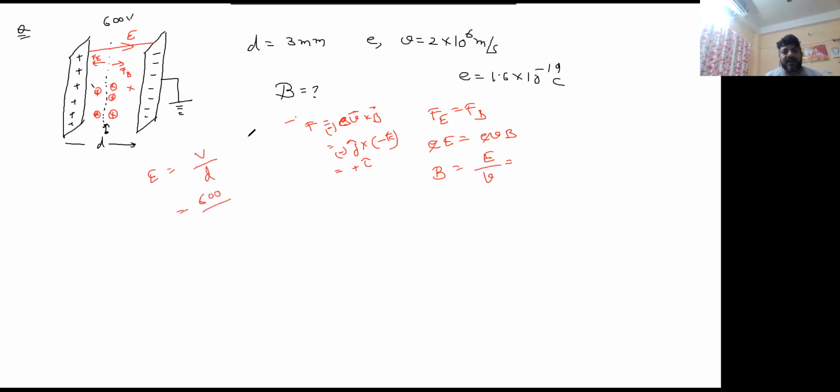Voltage is 600 and distance is 3 millimeter, 3 into 10 to the power minus 3. So 600 into 10 to the power 3 by 3, that is 200 into 10 to the power 3, so my electric field is 2 into 10 to the power 5. The velocity is 2 into 10 to the power 6, so B is 1 by 10, that is 0.1 Tesla.